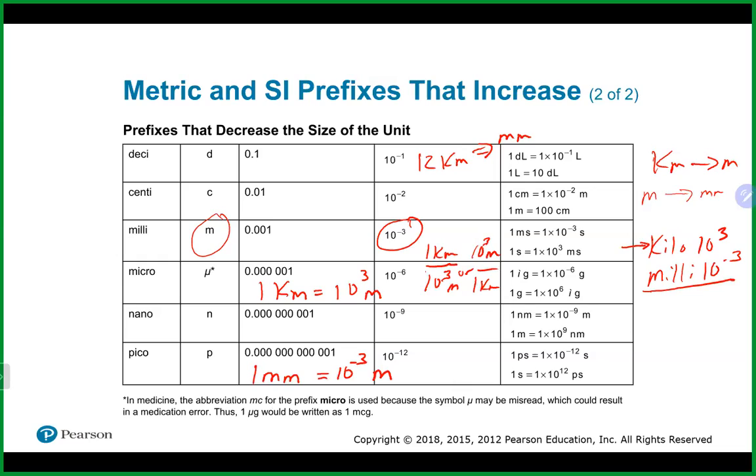We also could write 2 conversion factors for that: 1 millimeter over 10 to the minus 3 meters, or 10 to the minus 3 meters over 1 millimeter. So conversion factor really is just a fraction that we're going to use to do the conversion. So if we were going to convert these 12 kilometers, that is what we would start with.